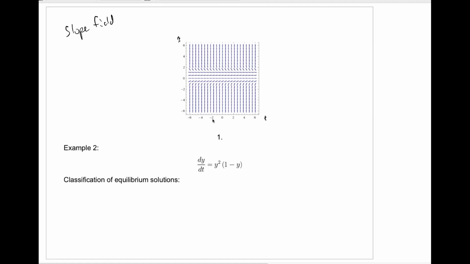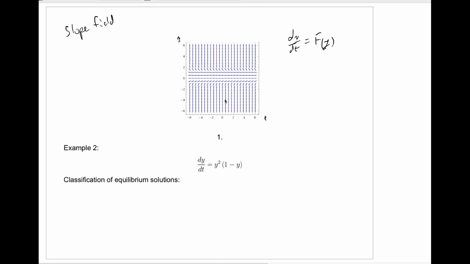For a particular value of t, you'll have these different slopes depending on what y is. But then if you change the value of t, you'll have a column here that looks identical because our differential equation dy/dt is just some function F of y. It doesn't depend on t.